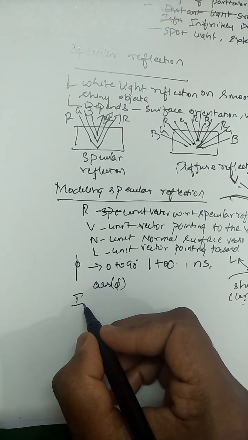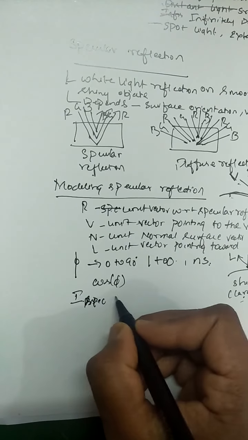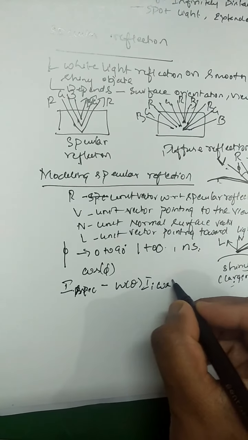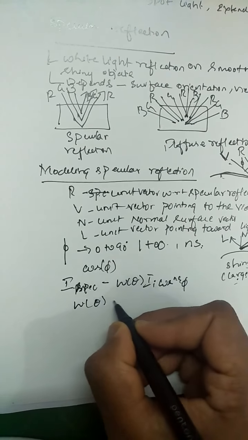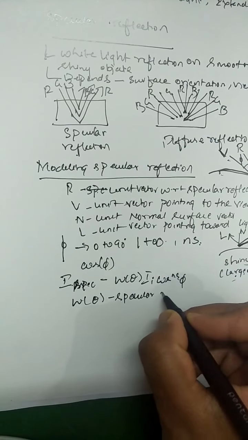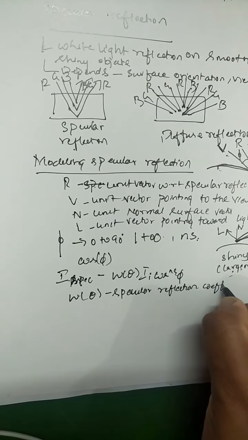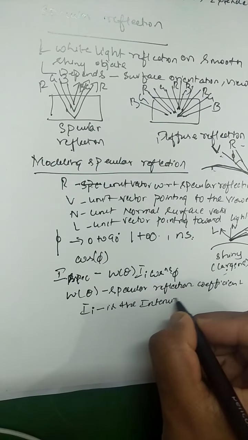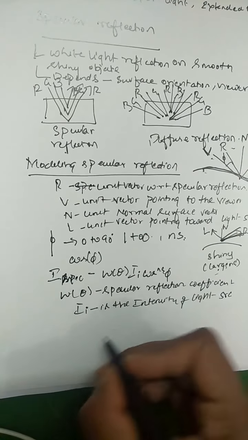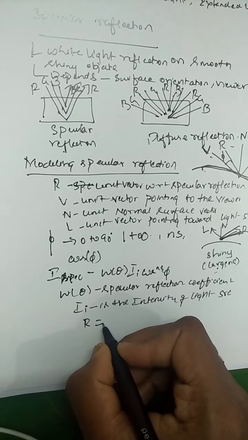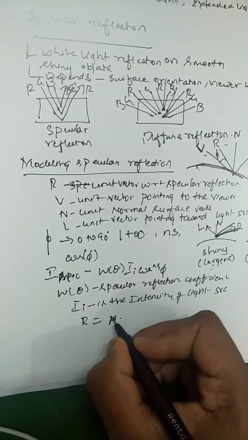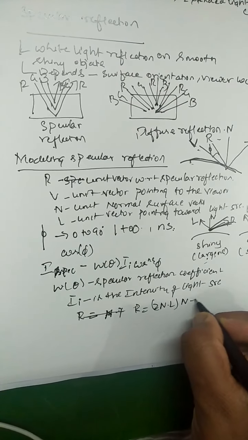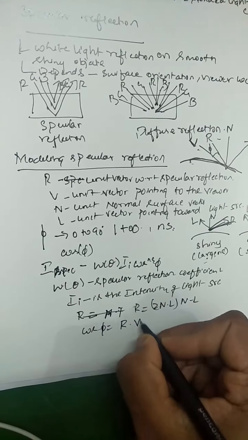So I can calculate specular reflection at a point using W theta, I small I cos^ns phi, where W is the specular reflection coefficient and I small I is the intensity of the light source, and R can be replaced with 2 (N dot L) N minus L, and because cos phi is the dot product of R and V, R could be replaced with this.